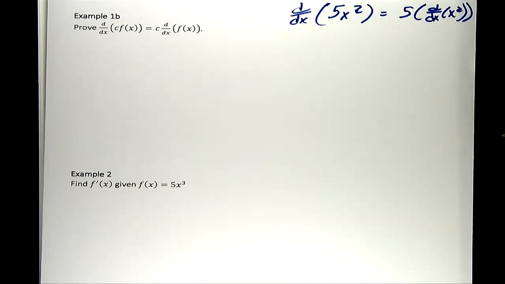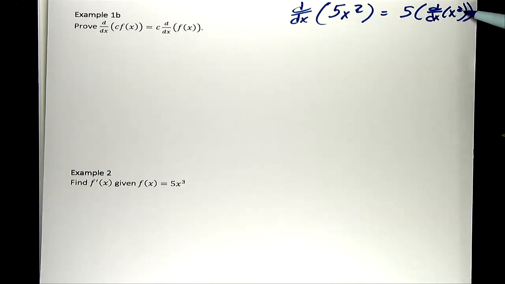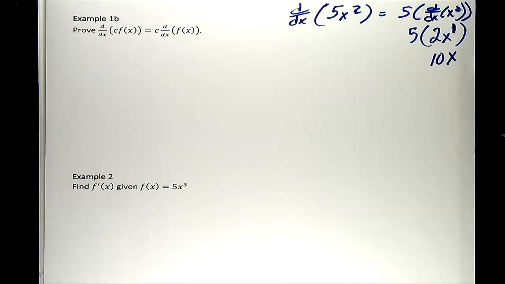Just to put this in a little bit of a concrete example, we already showed what this would have been. We bring the power down, we lower it by 1, and then we still have a 5 on it. So this would have been 10x. The derivative of 5x squared is 10x.